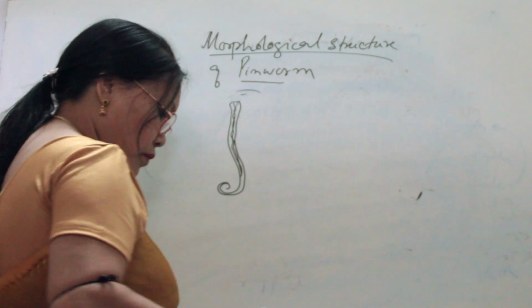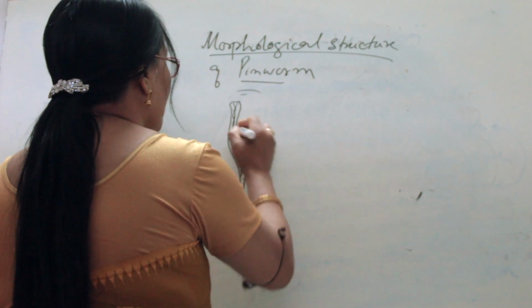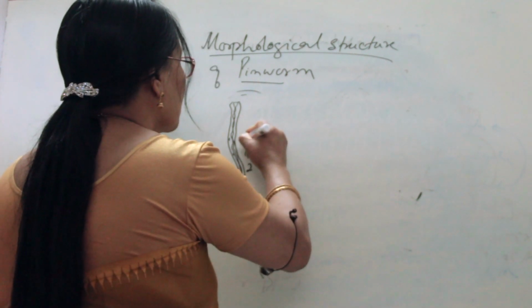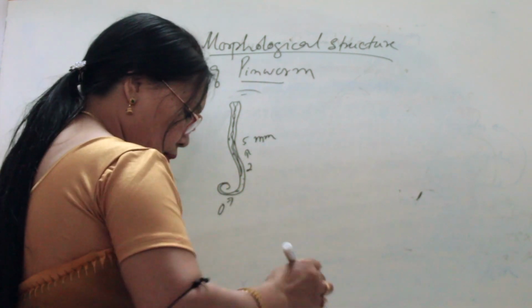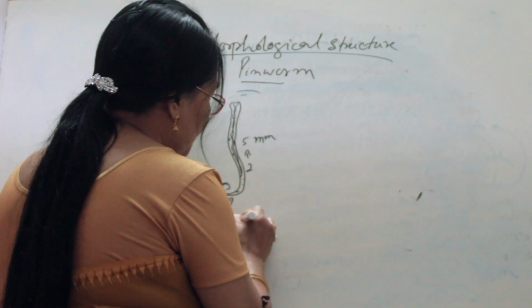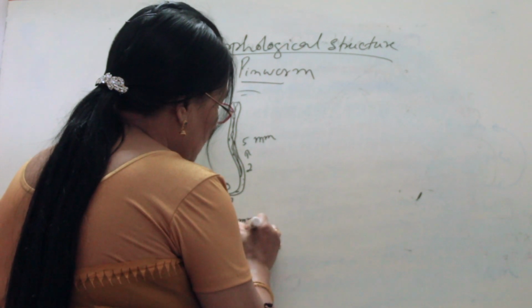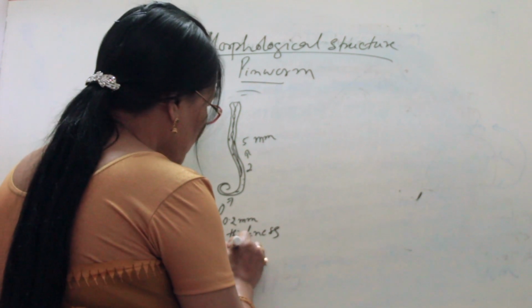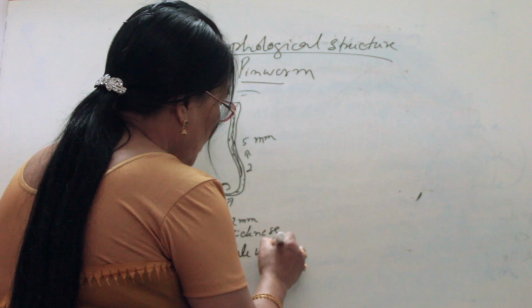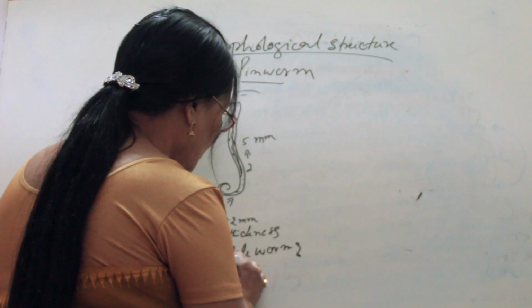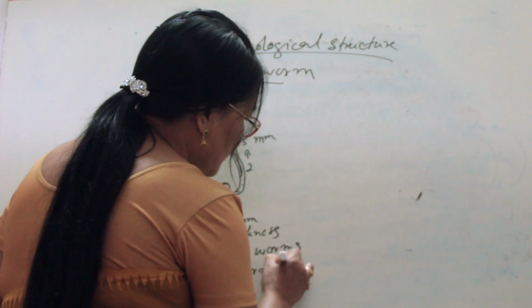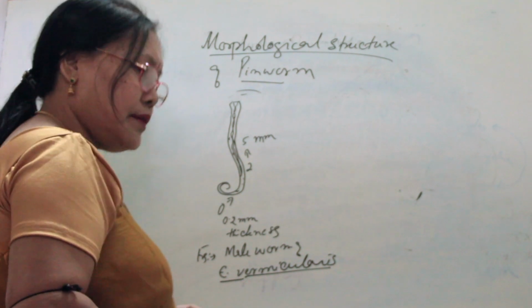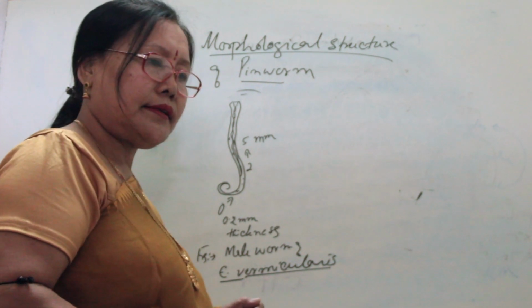The male worm has a length of 2 to 5 millimeter and a diameter of 0.2 millimeter. Figure: male worm of Enterobius vermicularis. The male worms develop in the duodenal area, that is the first part of the small intestine.